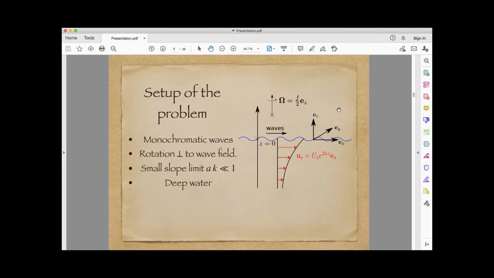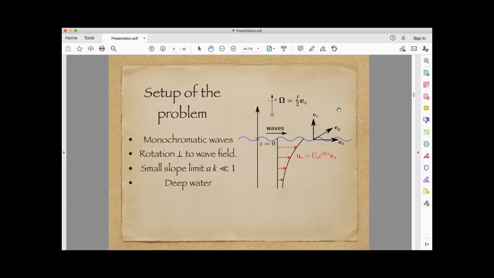So basically, these waves are not breaking. They don't have any bottom boundary effect, and there's no overturning and stuff. So these are nice linear waves that we are considering, and we also do not consider any topography at the bottom. So it's just deep water waves.